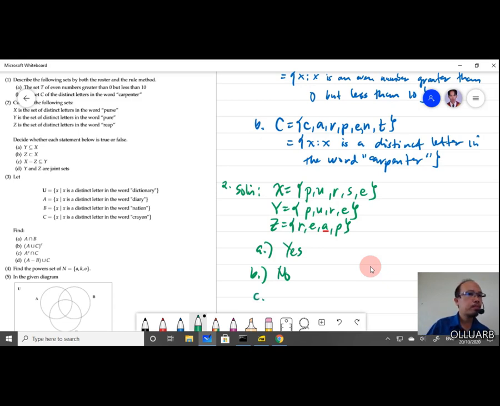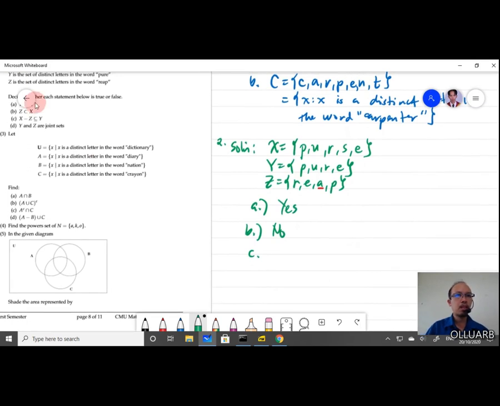Letter c, X minus Z is a subset of Y. First we have to compute X minus Z. Our X is this one, minus Z. R is common, E is common, A, P is common.